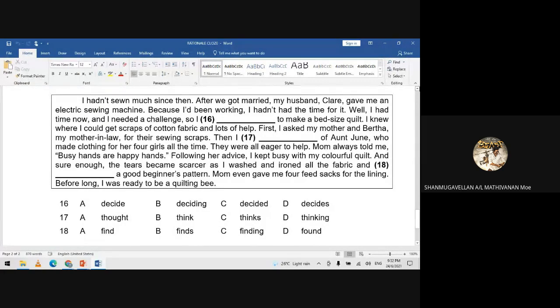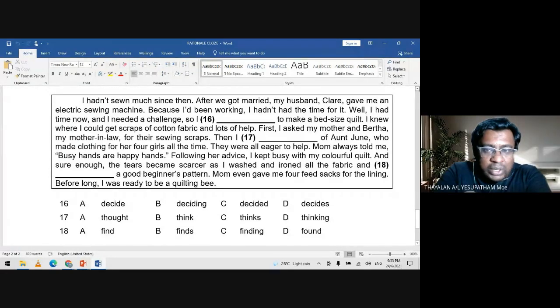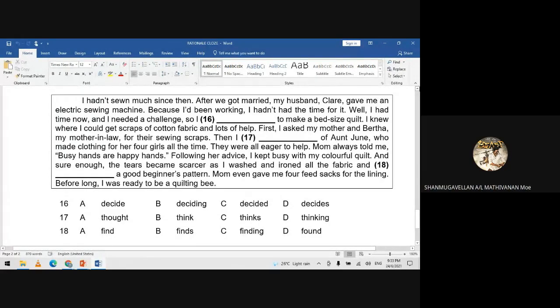So to make a bed-size quilt, I knew where I could get scraps of cotton fabric and lots of help. First, I asked my mother and Bertha, my mother-in-law, for their sewing scraps."